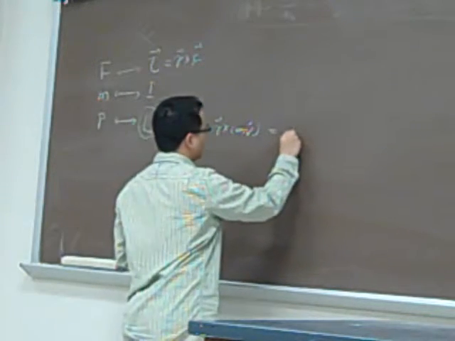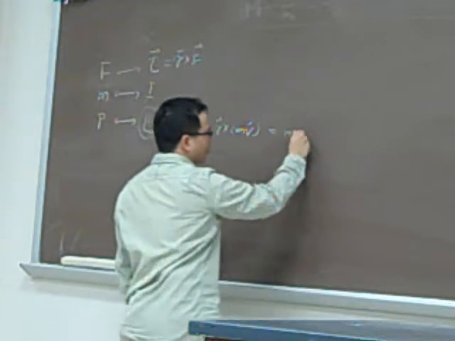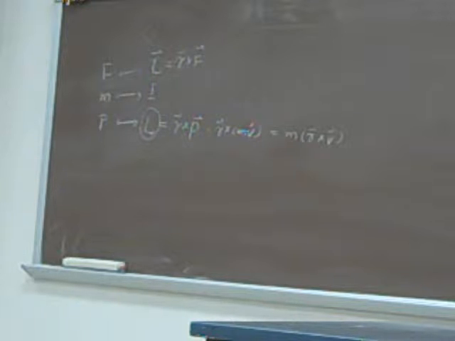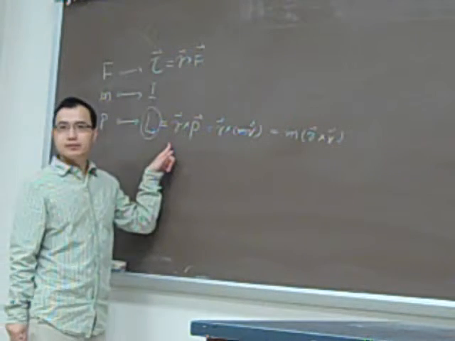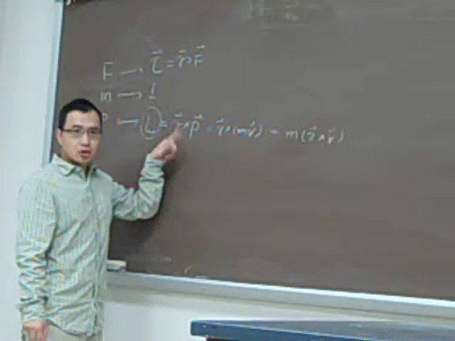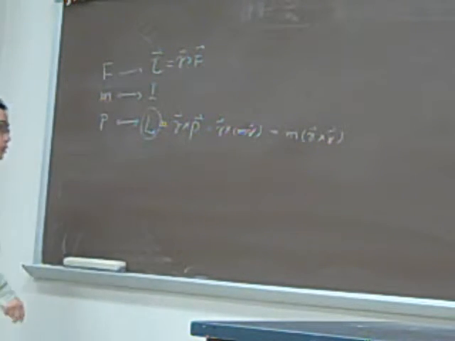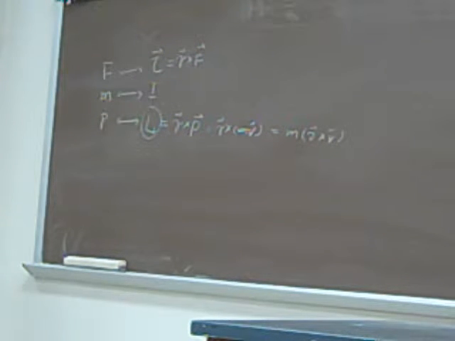So you get M multiplied by R cross V. You can write it in many different ways, but in any expression, it's R cross another quantity. R should be the first quantity, because we know that for the cross product, A cross B is different from B cross A.